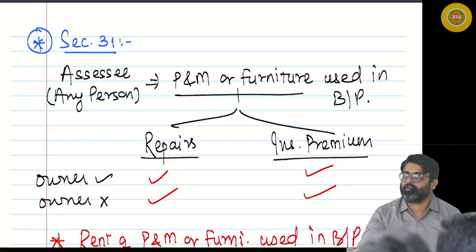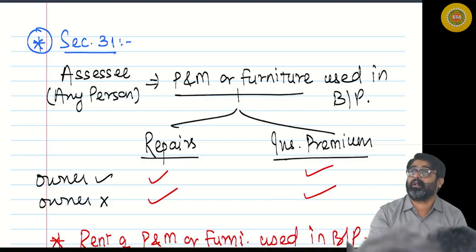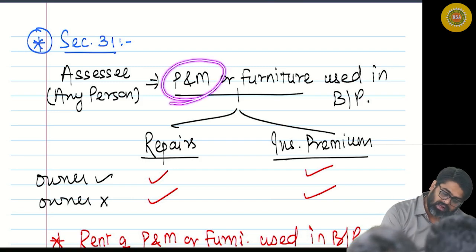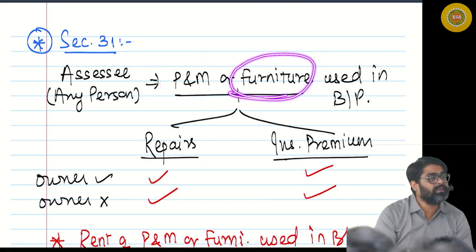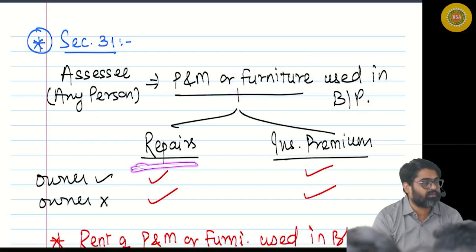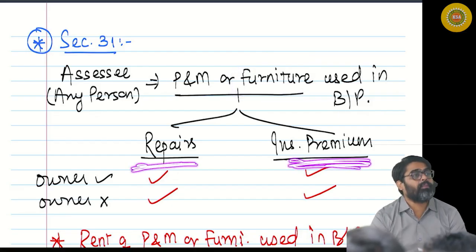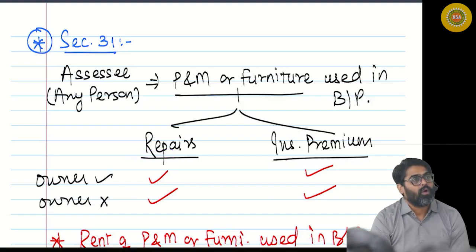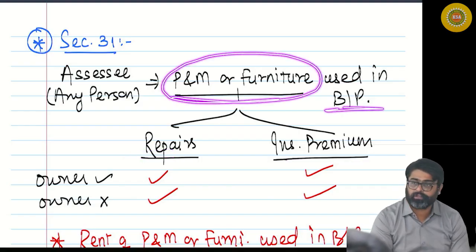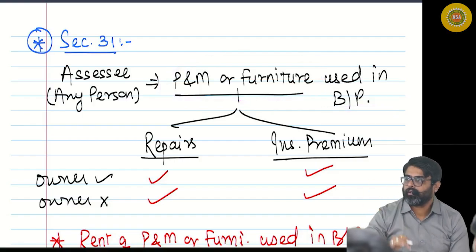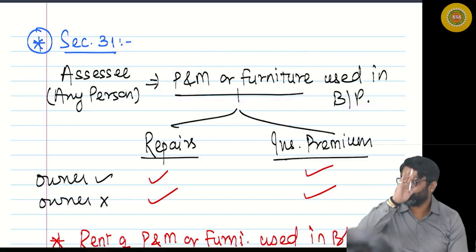So any expense related to that building, any expense related to these assets should be allowed as a deduction. Yes or no? Now can you use any plant and machinery or furniture in your business or profession? So any repairs or insurance premium of the plant and machinery or furniture which is used in the business or profession will also be allowed as a reduction from your business income.